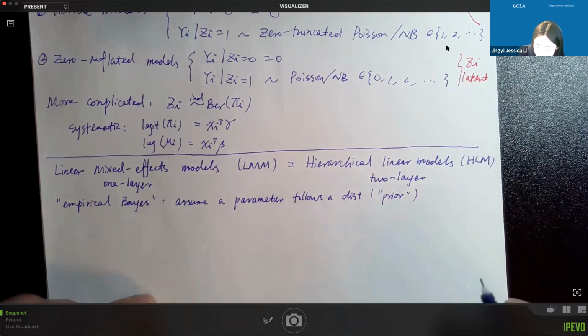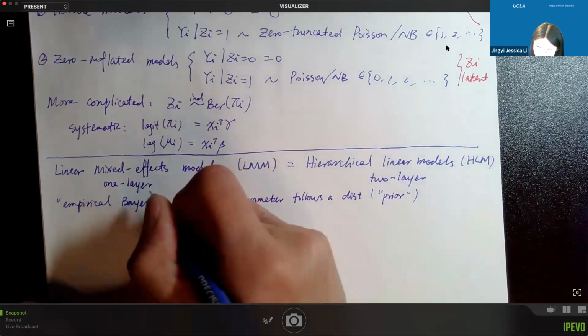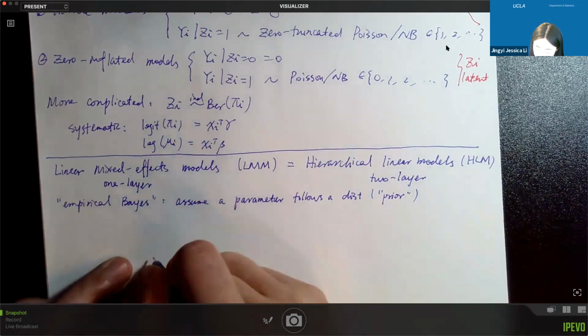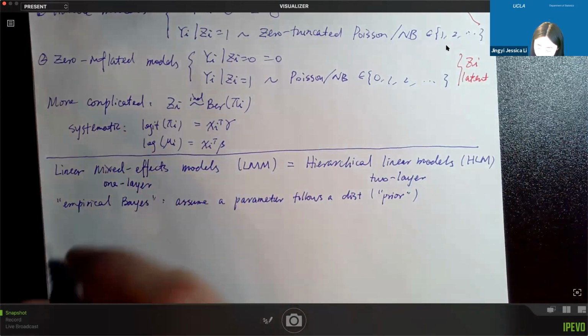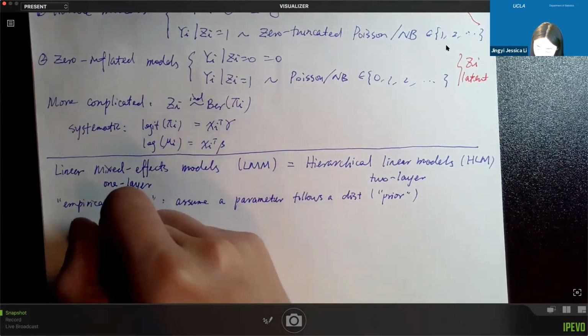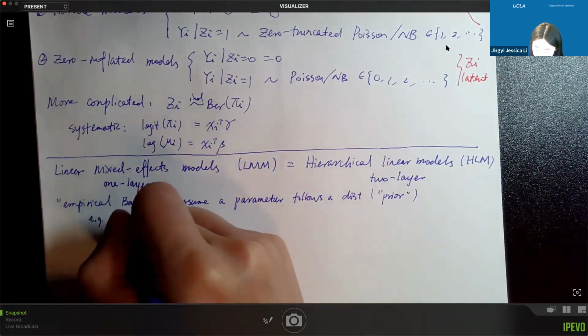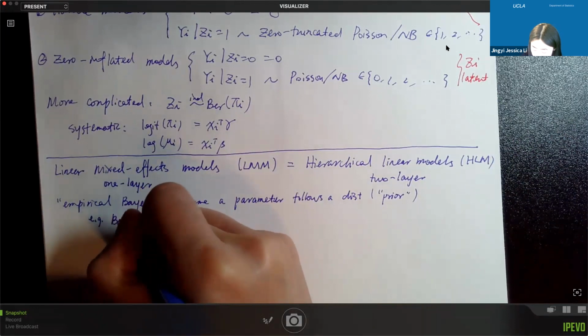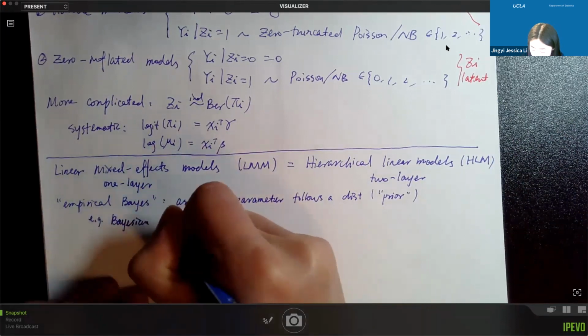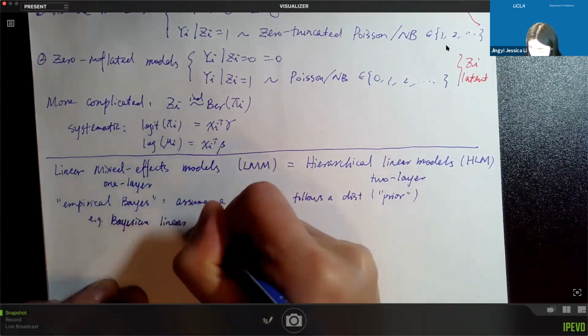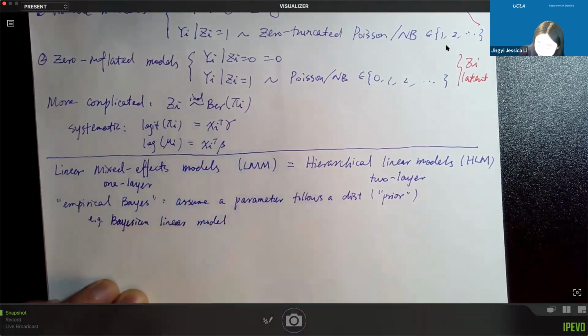So let me write it down. So what I mean is that, let's say, I'll just use a linear model as an example, okay, to start with. Bayesian linear model. And then I'll come back to what we mean by empirical Bayes.